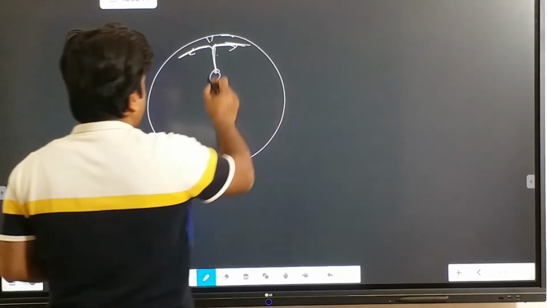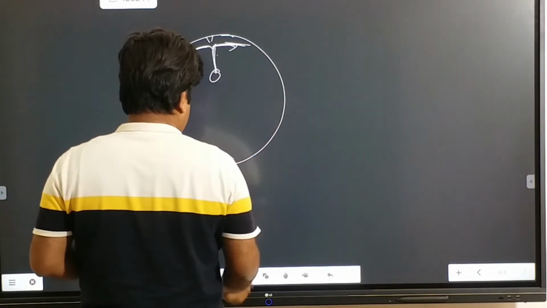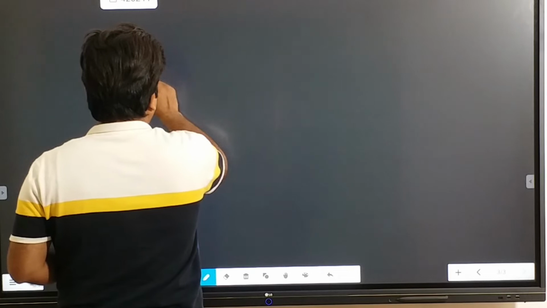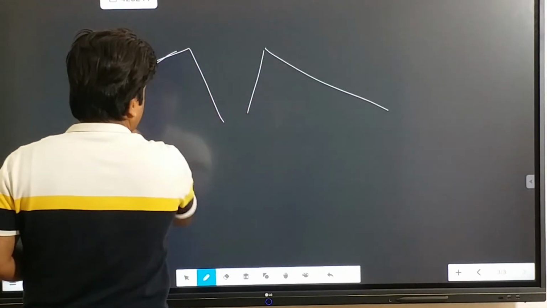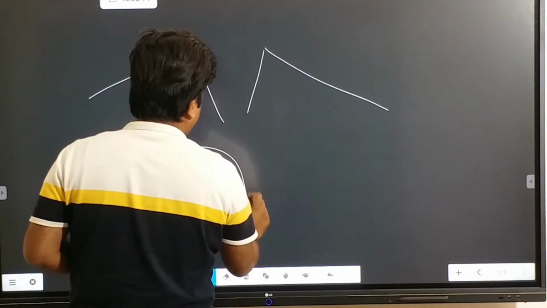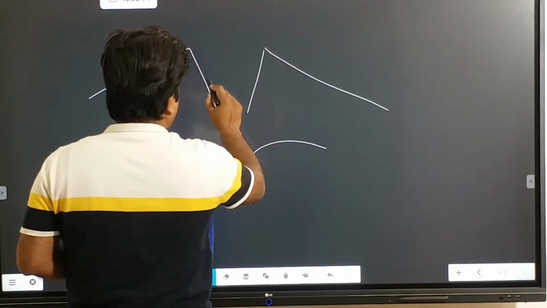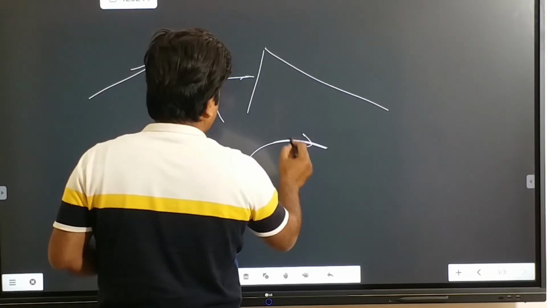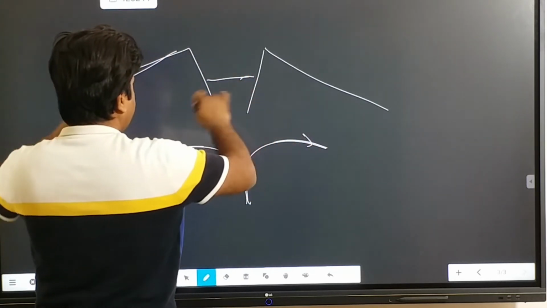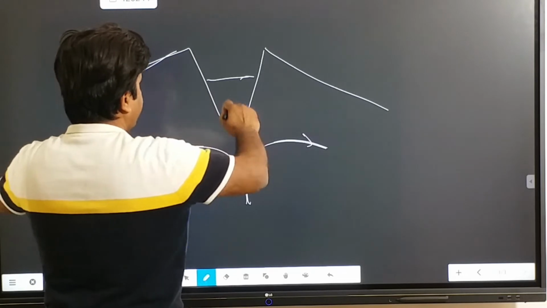So whenever this faulting will take place, then you will have a situation like this. So here the convection current is coming, it is getting diverged, and when this convection current will put a lot of stress on the lithosphere, then this faulting will take place here.